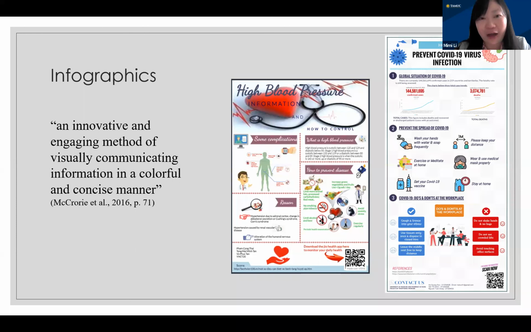So as we know, in a current medical practice, the infographics becomes a very popular genre for the say health professionals to inform their audience, inform their patients, about a certain medical knowledge. So I think this is an excellent task for them, because they will definitely encounter a lot when they become a professional in the near future.